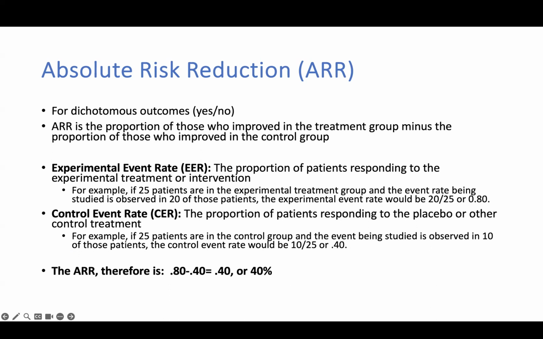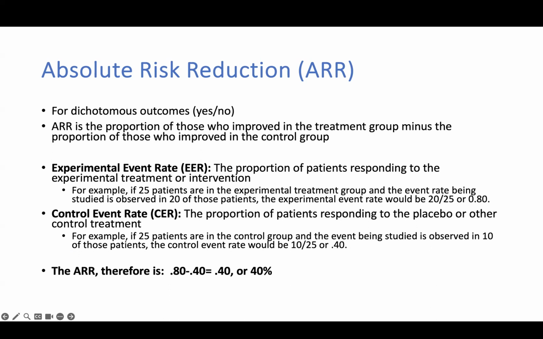To calculate ARR, we compare the success rates between the treatment group and the control group. The experimental event rate, or EER, reflects the success proportion within the group receiving the active treatment. Suppose we have 25 patients in this group, and 20 show improvement.